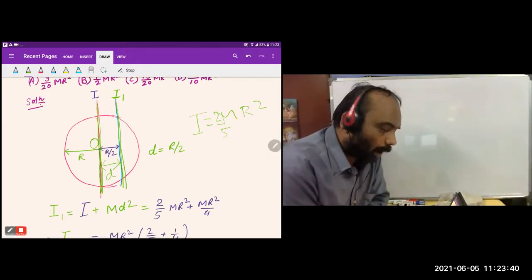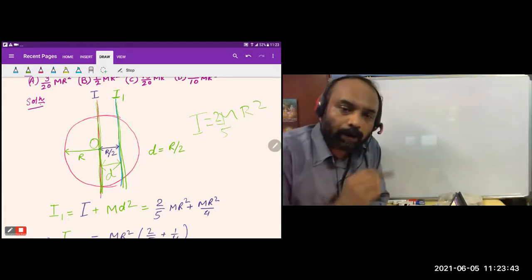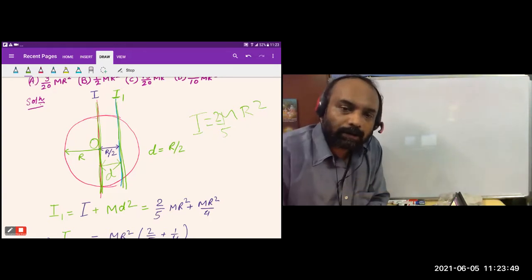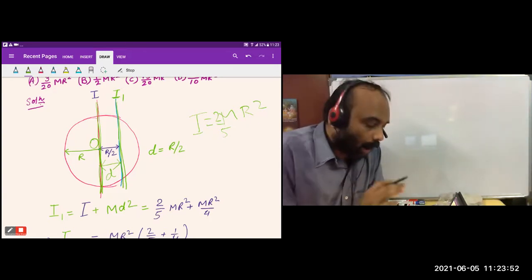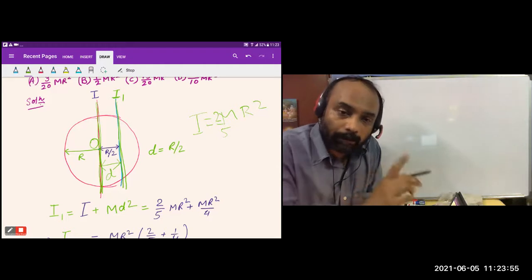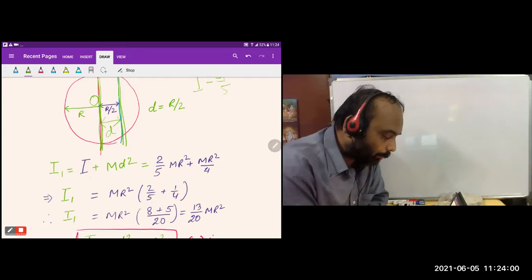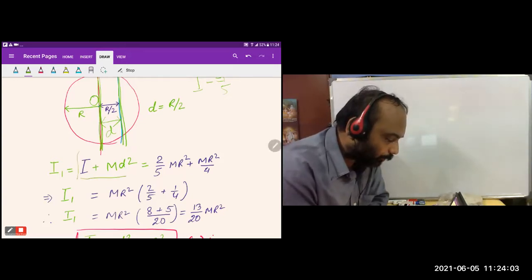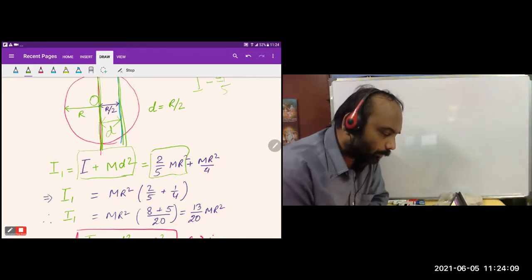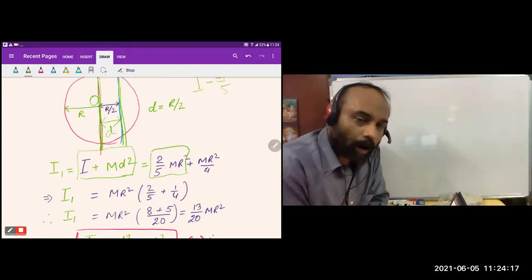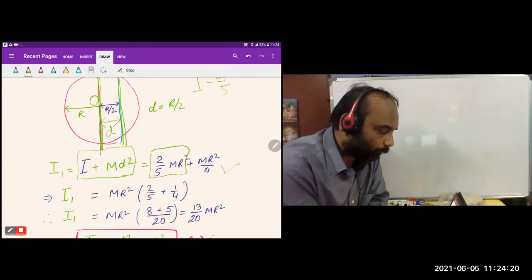So if I1 is the moment of inertia about the axis which is at a distance r by 2 from the principal axis, then I dash equals I plus md square. I is 2 by 5 mr square plus m times d square, where d is r by 2 given, so therefore mr square by 4.